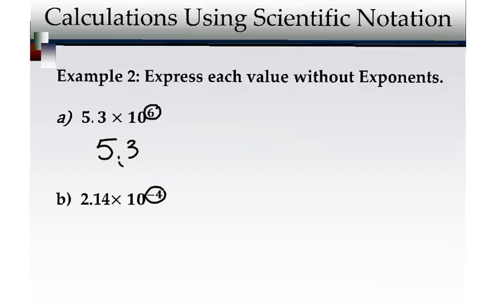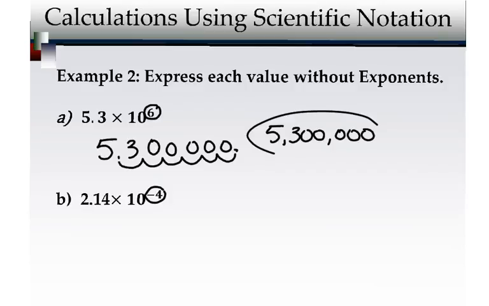Alright, so let's move this 6 decimal places. So 1, 2, 3, 4, 5, 6. There's our decimal place. Fill in with zeros. So we got 5 trailing zeros. This is going to be 5,300,000. That is in decimal form and without exponents.